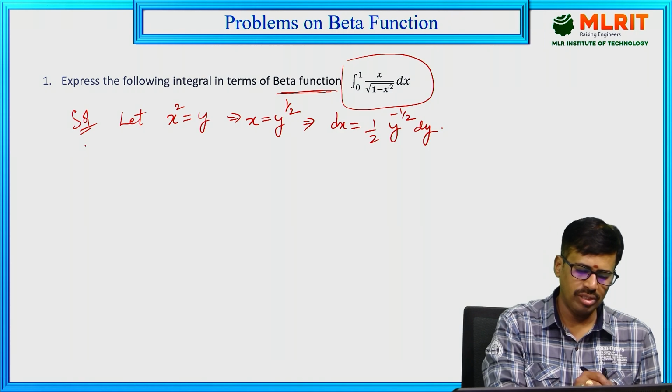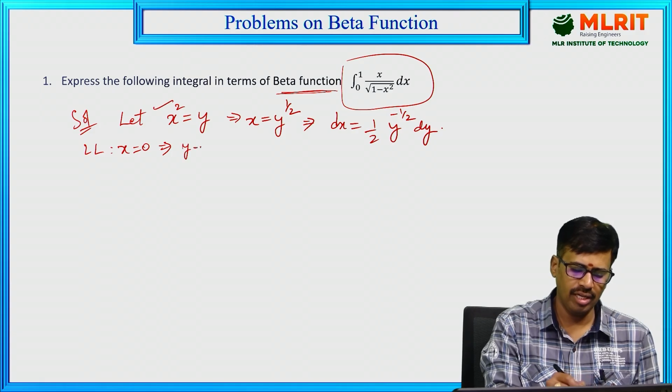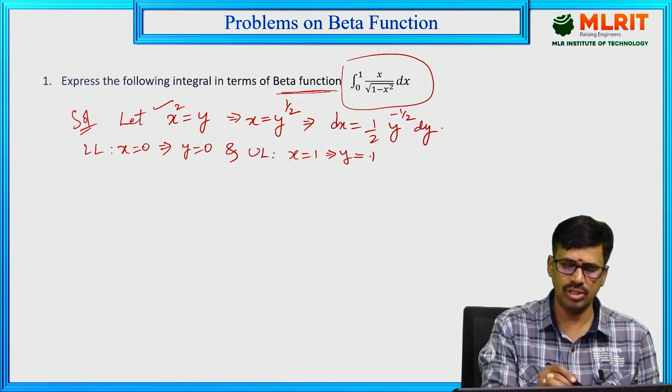Now, what is the lower limit of x? 0. If I substitute x equal to 0 in this, I get y equal to 0. And for the upper limit, if I write x equal to 1, I get y is equal to 1 square, that is 1.